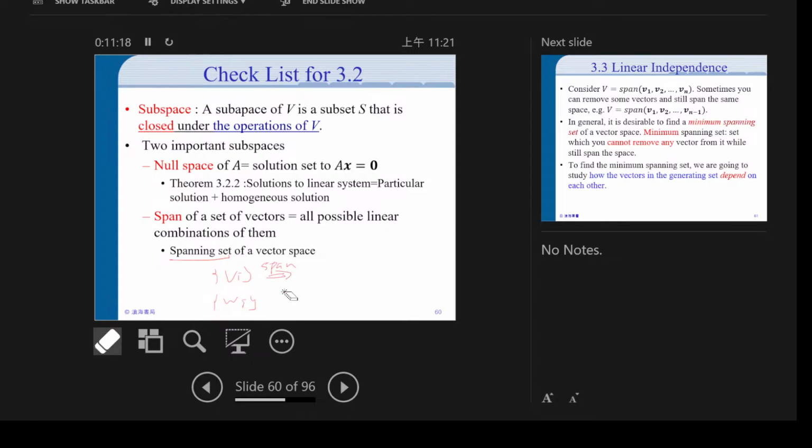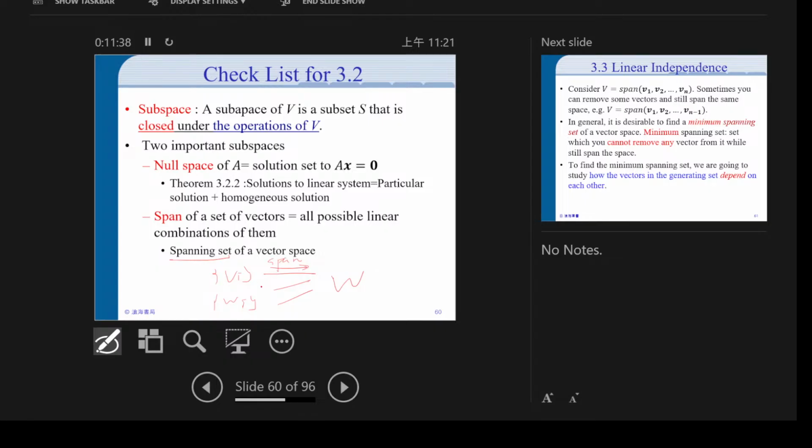Let me think about how I write this direction. So maybe let's write so they all connect to some subspace W. Okay, and so this direction is called span.